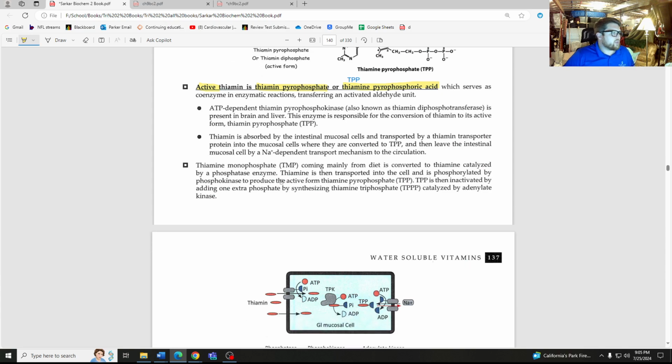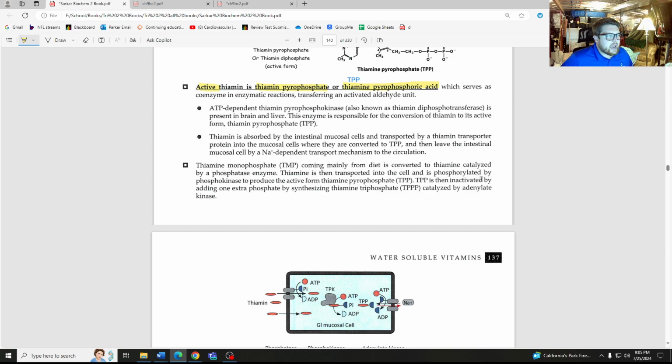Thiamine monophosphate, also known as TMP, coming mainly from the diet, is converted to thiamine, catalyzed by a phosphatase enzyme. Thiamine is then transported into the cell and is phosphorylated by phosphokinase to produce the active form, thiamine pyrophosphate.